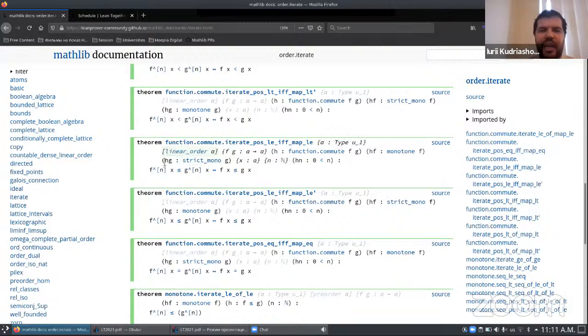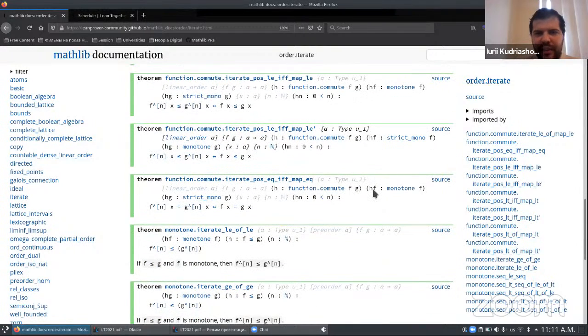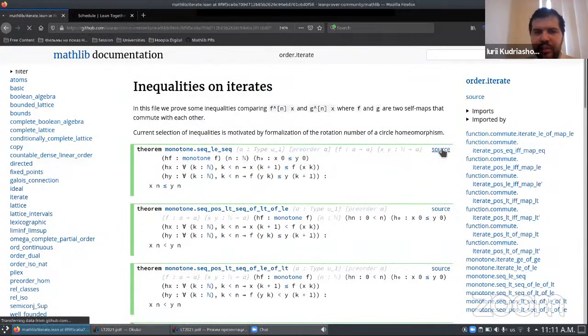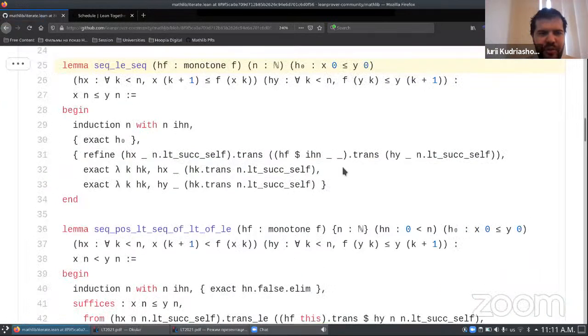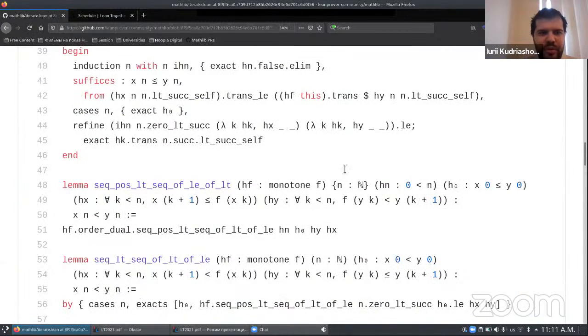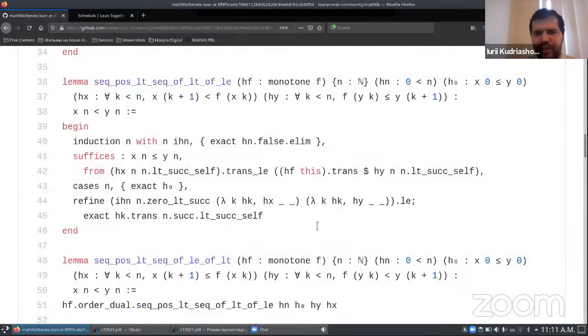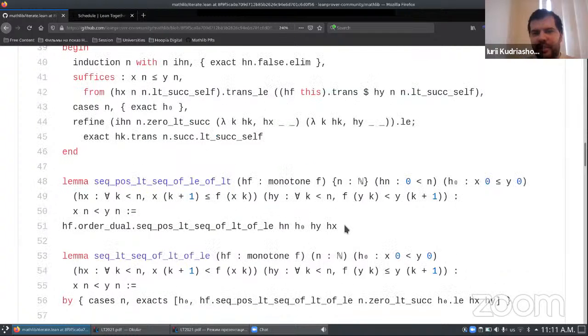I'm going to apply this to g equals x maps to x plus 1, and f is our circle map. What is nice about these lemmas is that, let me open the source, once you prove one of them, you can get the dual version in one line.